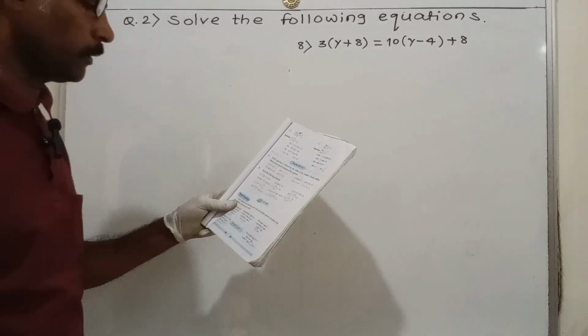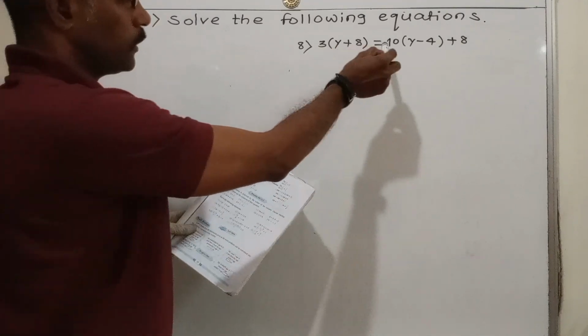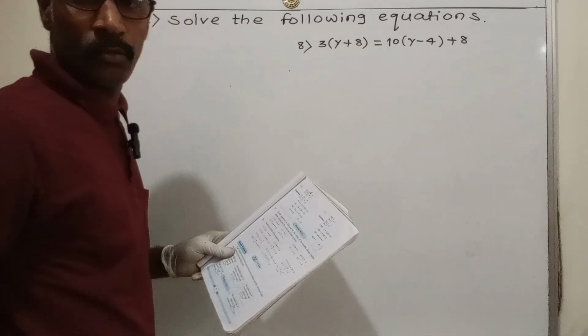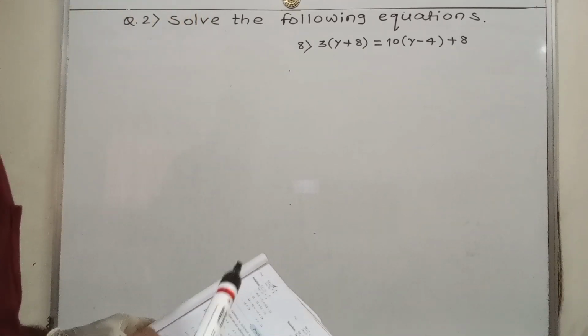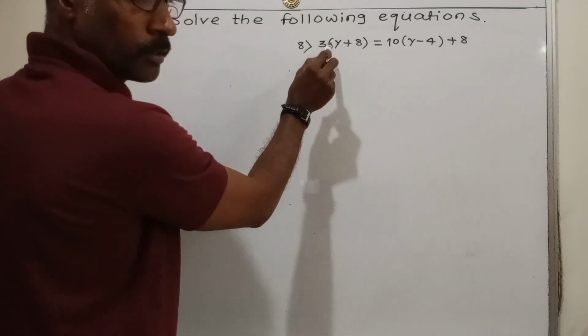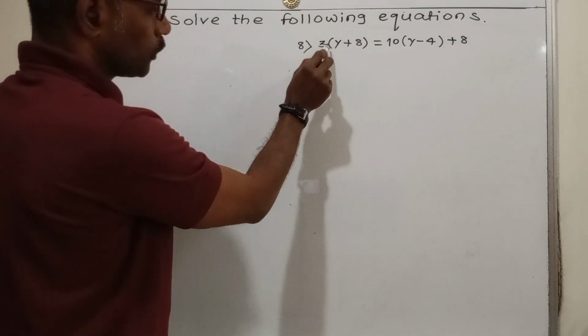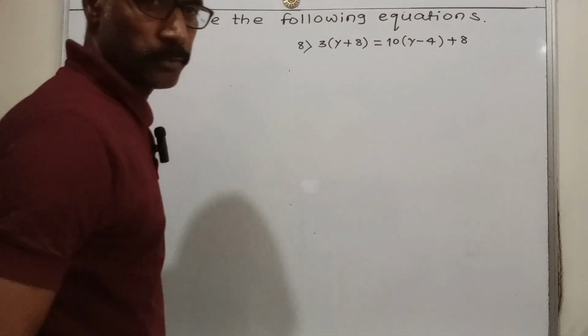Example number 8. 3 in bracket y plus 8 is equal to 10 in bracket y minus 4 plus 8. Now here, see this. Multiplication or product between 3 and bracket, here 10 and bracket.